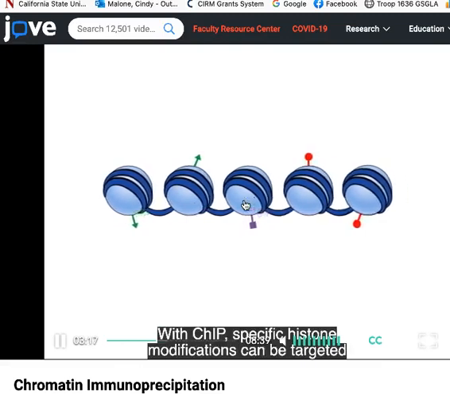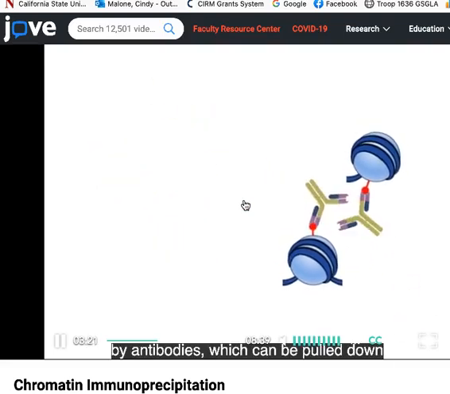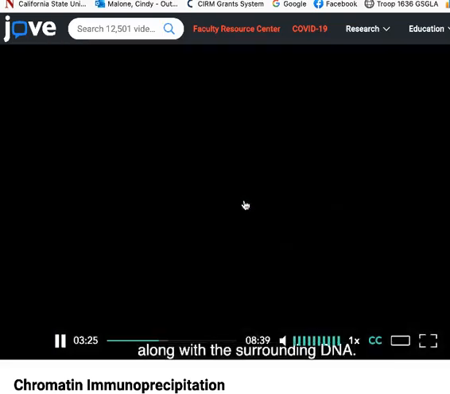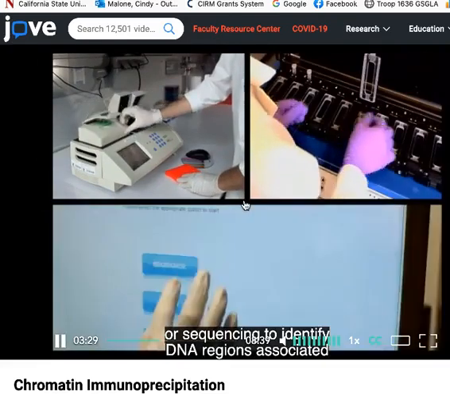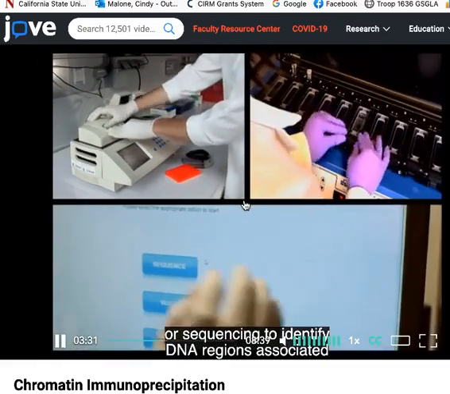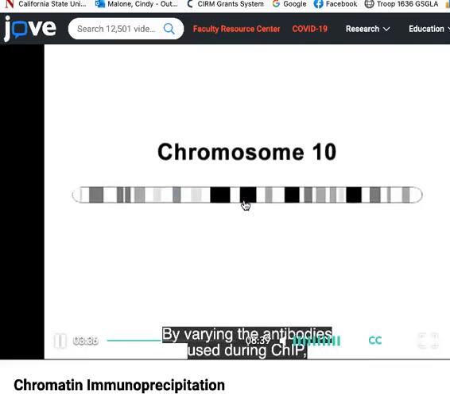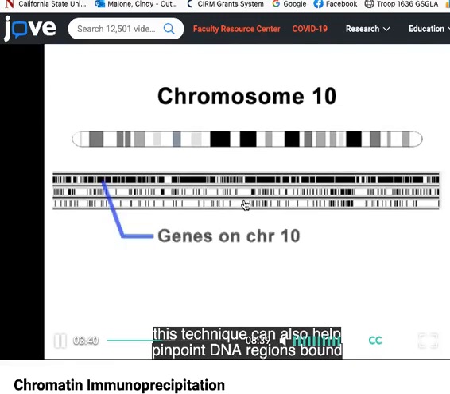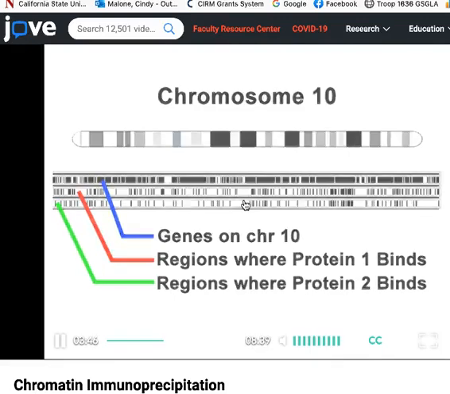With ChIP, specific histone modifications can be targeted by antibodies, which can be pulled down along with the surrounding DNA. Researchers can then employ PCR, microarrays, or sequencing to identify DNA regions associated with histone modifications of interest. By varying the antibodies used during ChIP, this technique can also help pinpoint DNA regions bound by transcription factors and other regulatory proteins.